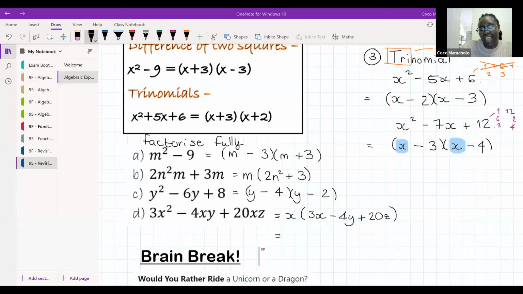Why is ma'am lying? Because we cannot go further, we don't have any common factors or an HCF. And what does a trinomial need? What do we need with a trinomial?